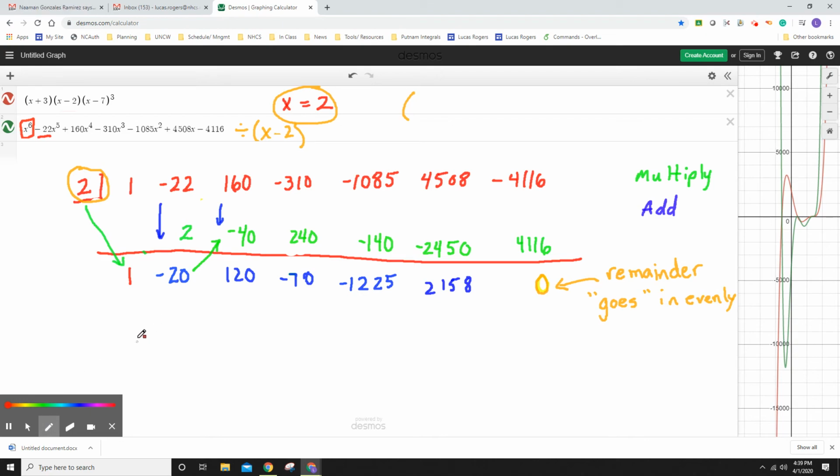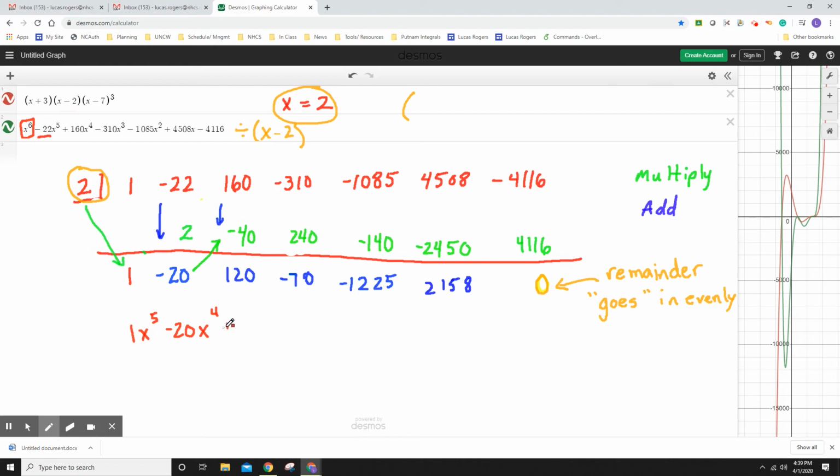So the nice, easy way to take all this is to just take these numbers at the end and write 1x to the 5th, because it's going to be 1 less, minus 20, like a coefficient, x to the 4th, which is 1 less than the next biggest exponent. And because these exponents up here go completely in order as 6, 5, 4, 3, 2, 1, 0, these will all follow suit.